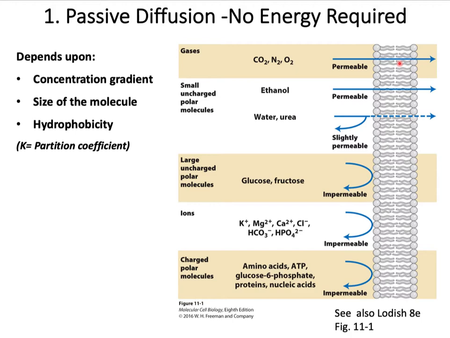The hydrophobicity of a molecule is related to the molecule's partition coefficient, which is K, the equilibrium constant for its partition between oil and water. In other words, the K, or equilibrium constant, determines whether the substance is more soluble in lipid or in water.